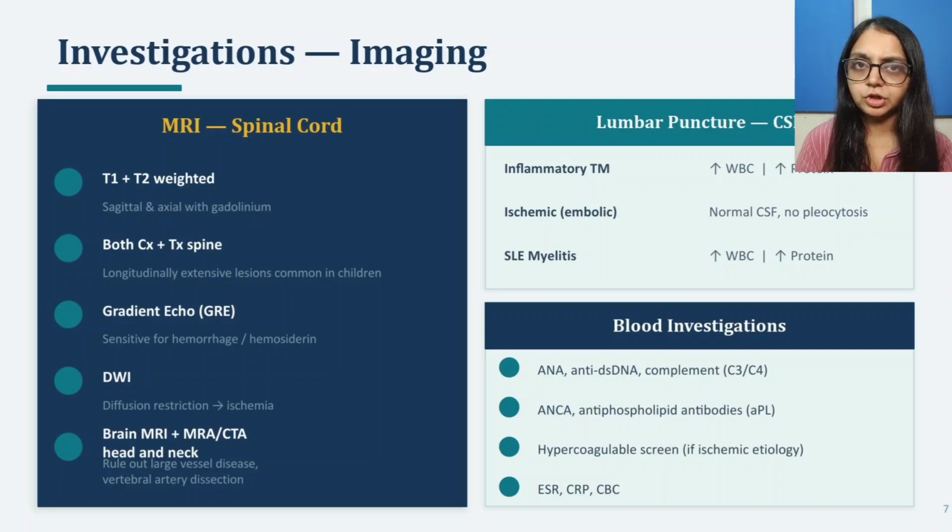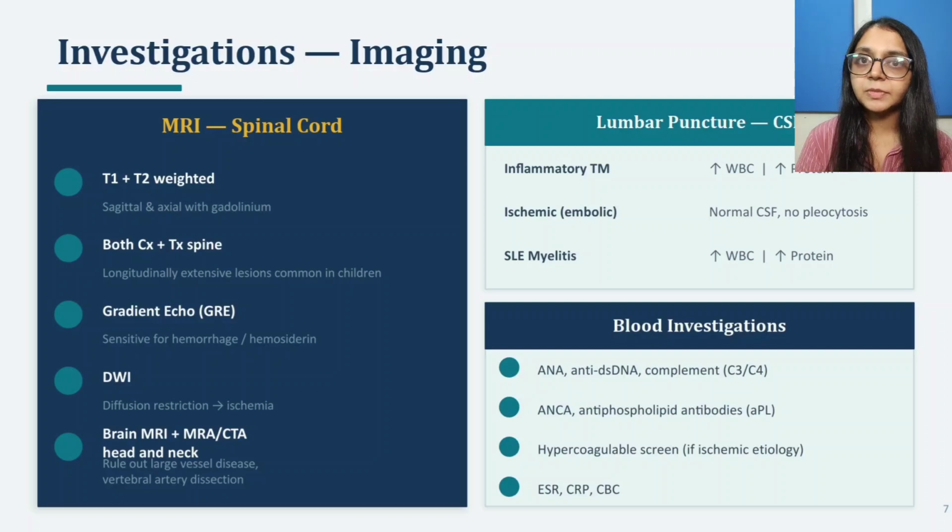For lumbar puncture, always do your MRI first to rule out a complete spinal block. Once that's cleared, in inflammatory transverse myelitis, expect elevated WBCs and protein. In embolic or ischemic myelopathy, CSF is usually normal, there is no pleocytosis.